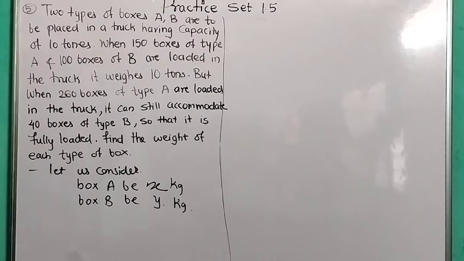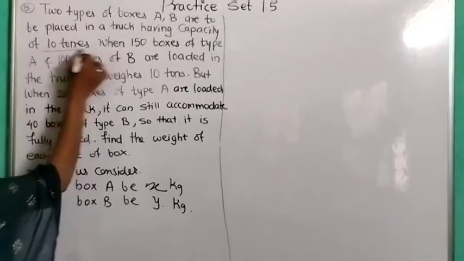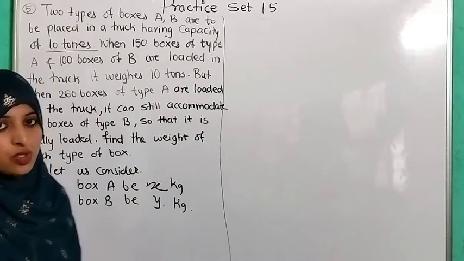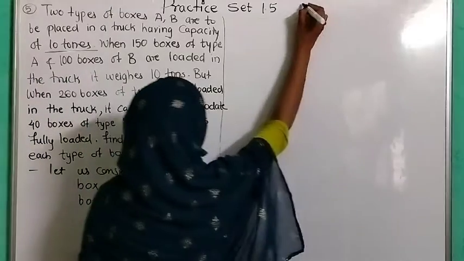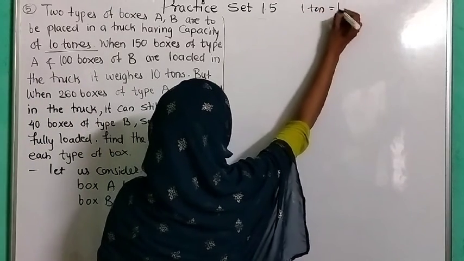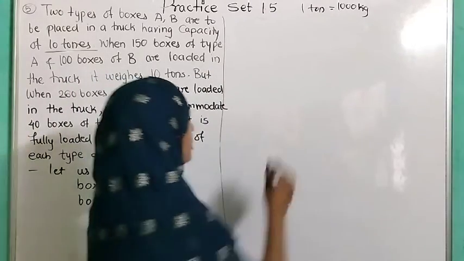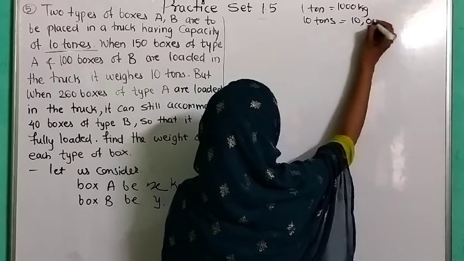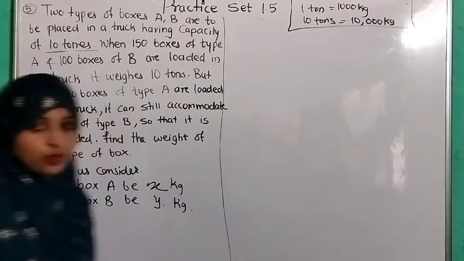Means we are going to find the weight of box A and the weight of box B. Now they have told 10 tons, means the capacity of the truck is 10 tons. 1 ton is equal to 1000 kg, so 10 tons is equal to 10,000 kg. Okay, this we have to remember.